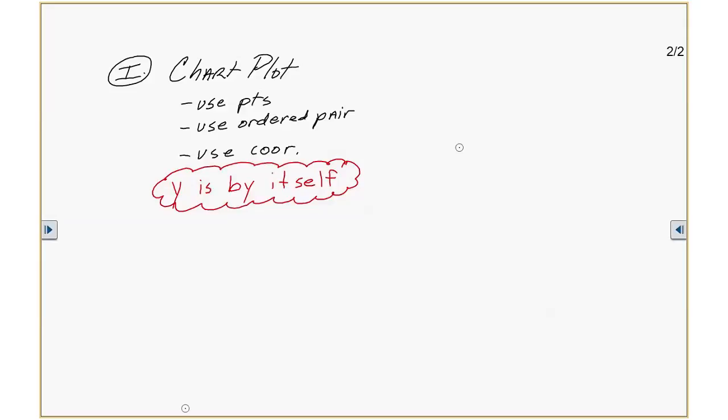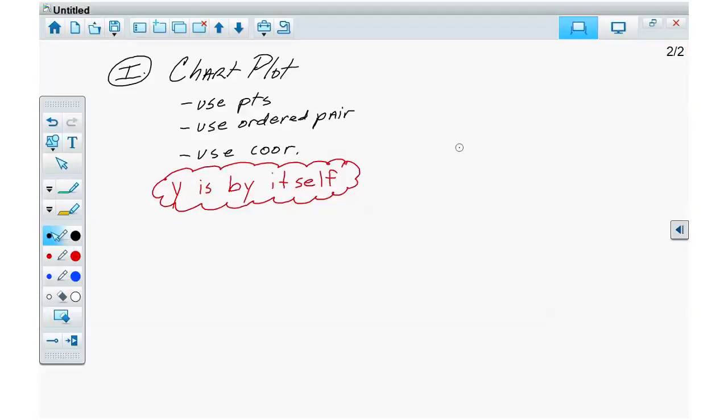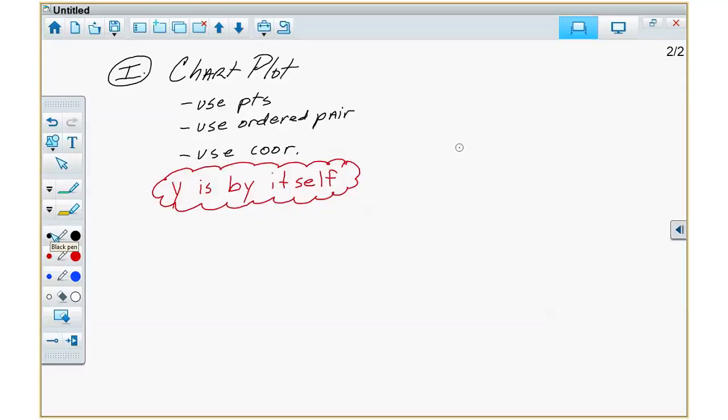It's not because I want you to get mad at me. It's not because I want you to take the long way around. It's because when y is by itself, you use method 1 or method 3. When y is not by itself, you use method 2. It's as simple as that. I'm showing you the three methods because they're used at certain times.